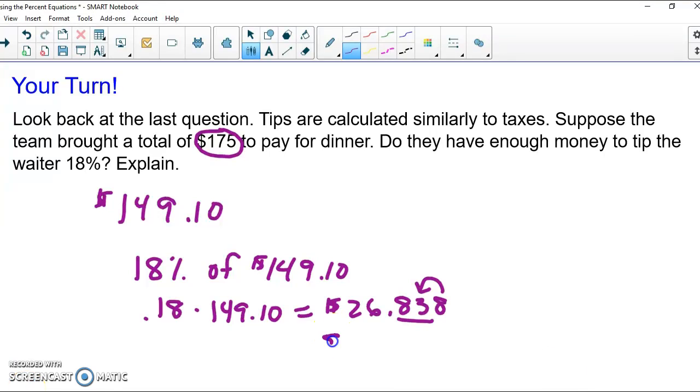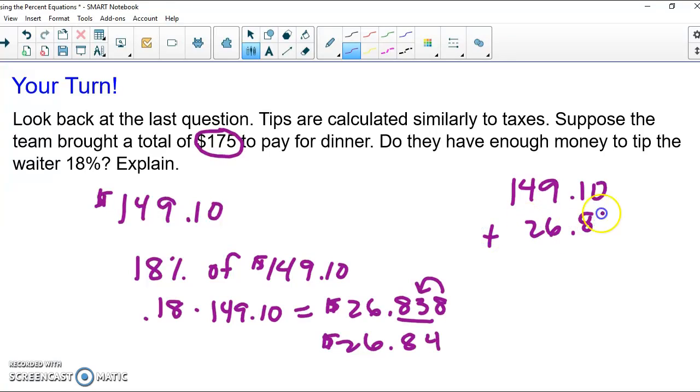So we will round this to $26.84. If this is the amount of the tip that I want to leave, let's see if we have enough money. I need to pay $149.10, plus I'm going to try to leave an 18% tip, $26.84.